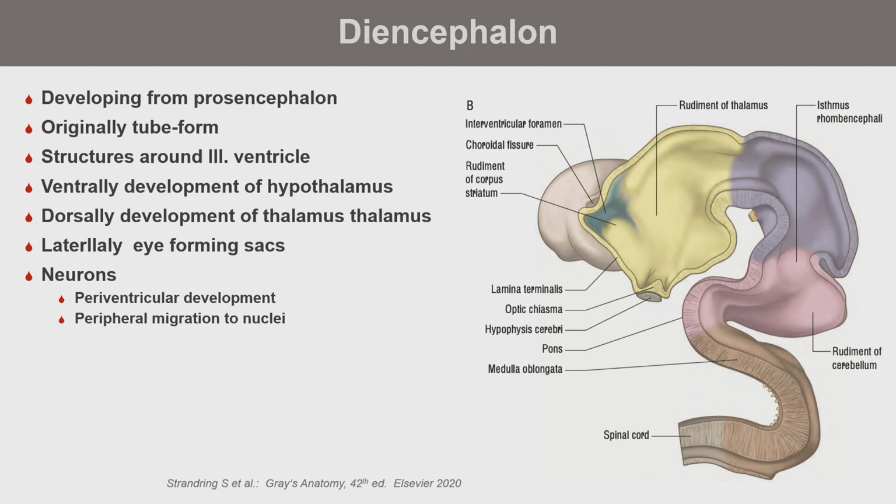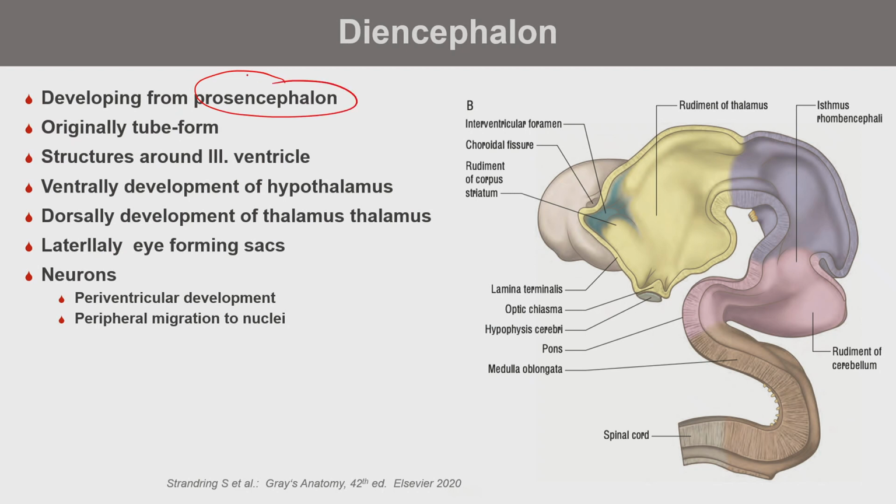So, diencephalon is an important part of the brain which is developing in the tip of the neural tube with the next part, which is called telencephalon. Diencephalon and telencephalon are originally created from the prosencephalon.